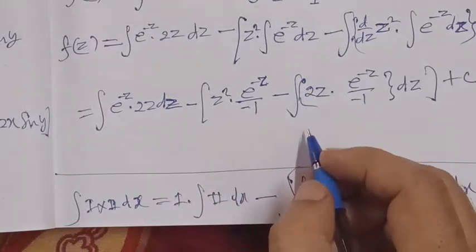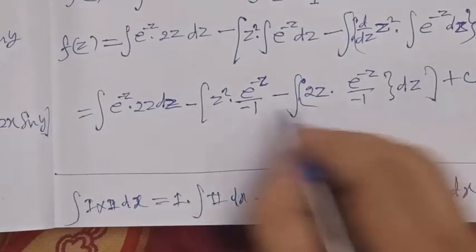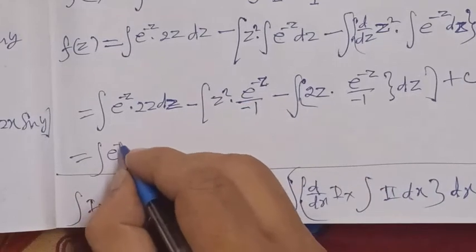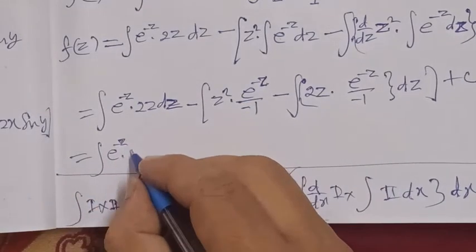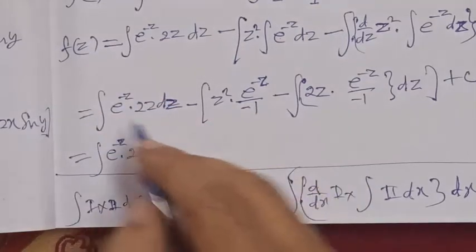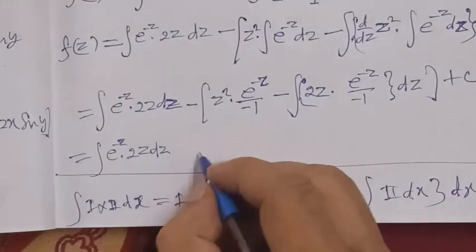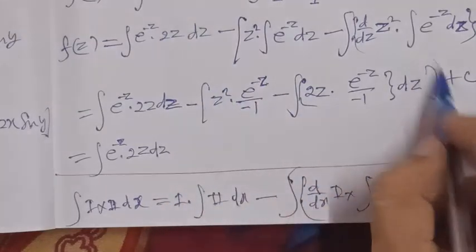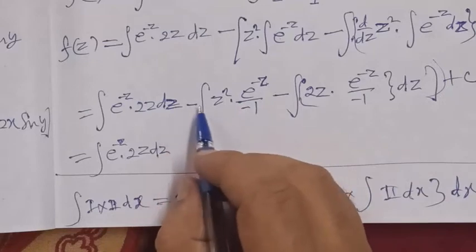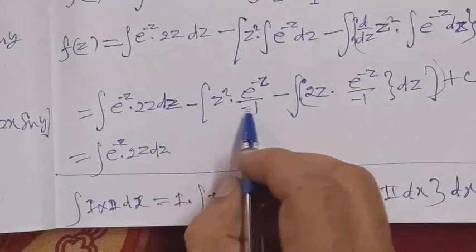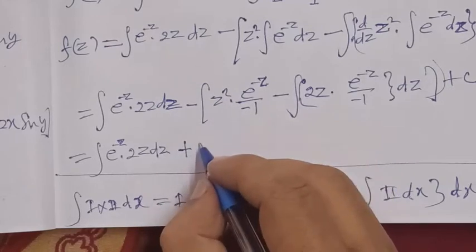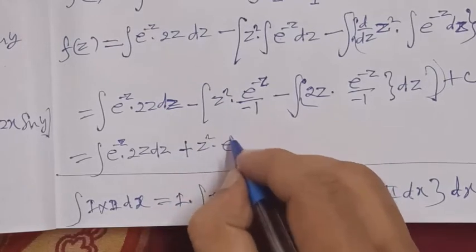We can now open this bracket, so we get e to the power minus z 2z dz, which is equal to f z, all value which is the right hand side, and I open this bracket, so this sign changes to plus with this sign, so we write plus here and z square into e to the power minus z.